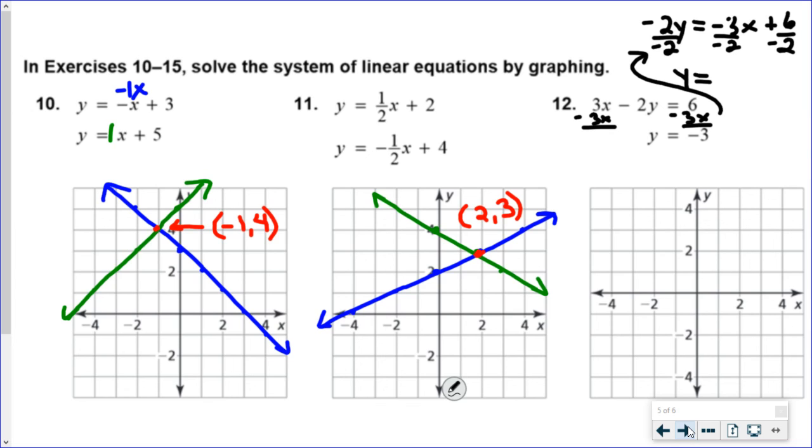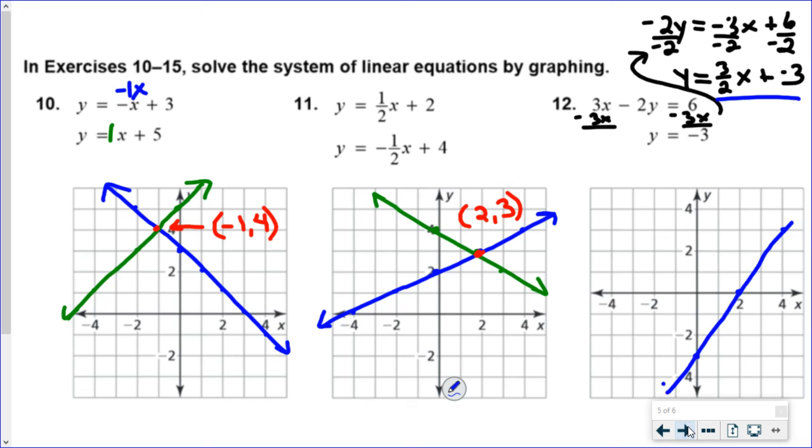So I get y equals a positive, because it's a negative over a negative, 3/2 x, and a -3. Okay, so this equation starts at down 3, and then I rise 3, run 2, rise 3, run 2.